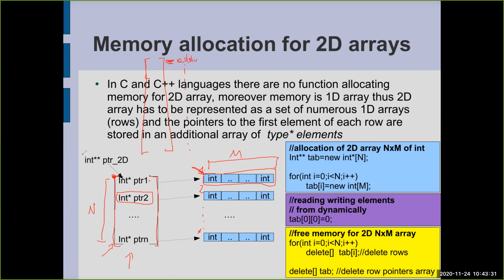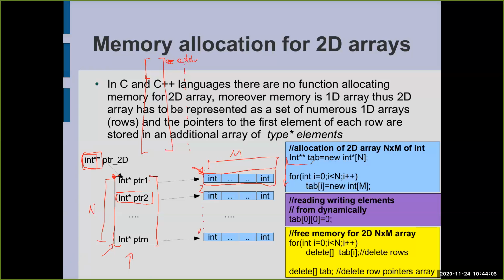So it will be int asterisk asterisk, because int asterisk is the type of the element, and int asterisk asterisk is a pointer to this element. So look, the process of building a two-dimensional array is performed in this code.